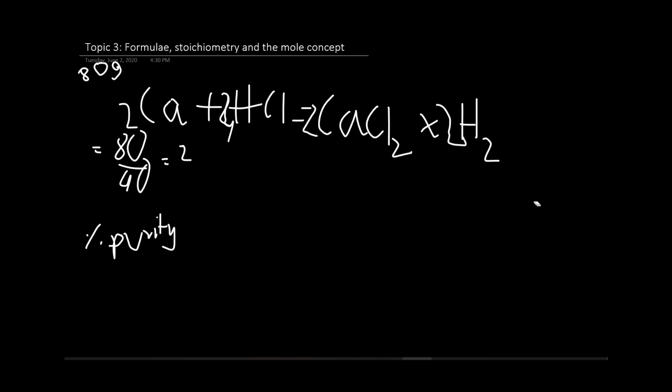Now you may ask, how pure are the reactants that we're using? Your question will be telling you which reactant has an impurity in it. You'll be told that an impure sample of calcium is reacted with an excess of hydrochloric acid to produce all that.